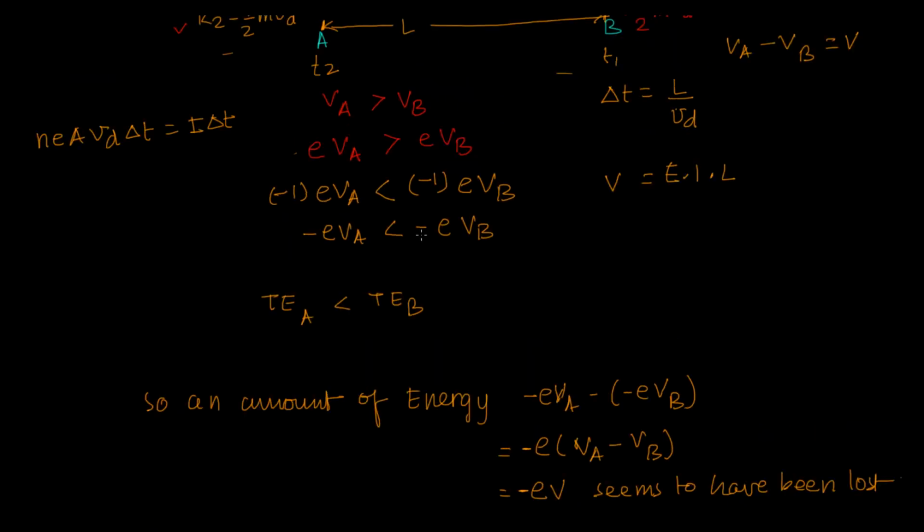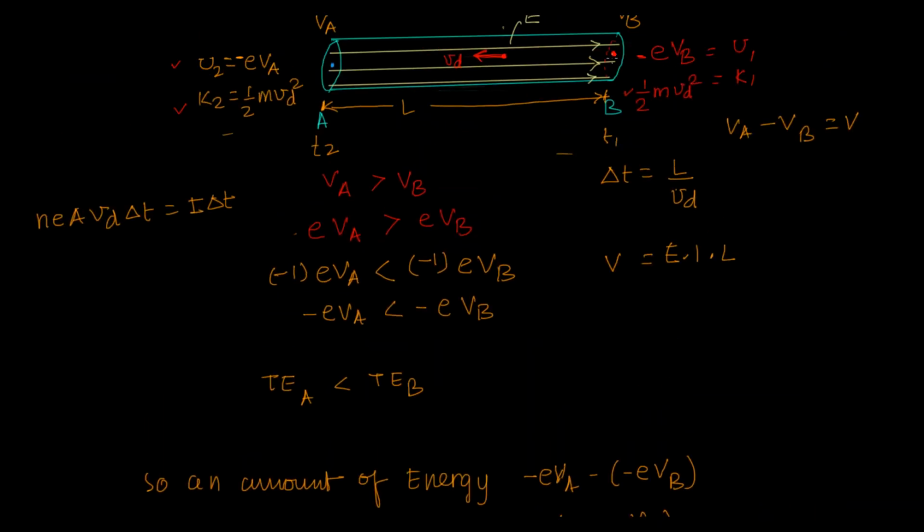Now what happens in this time delta t? How many electrons will pass through this? How many electrons will lose their energy by so much?